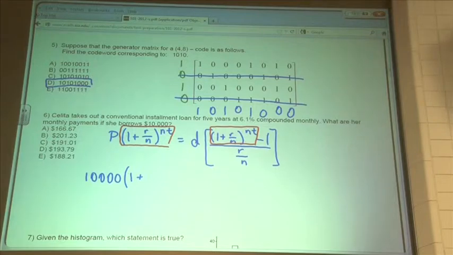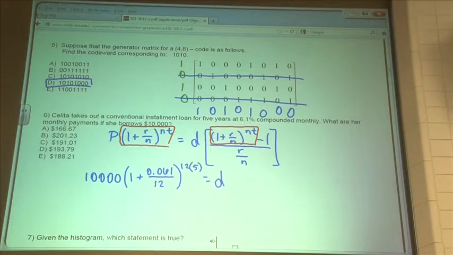Our interest rate was 6.1%, so as a decimal, you must rewrite that as 0.061. If we are compounding monthly, n is equal to 12, and 12 times how much time are we keeping this loan? So 5 on top is equal to your deposit amount.